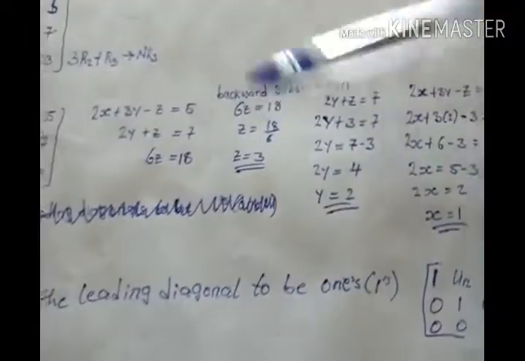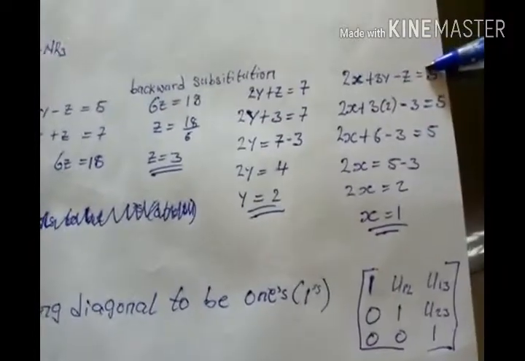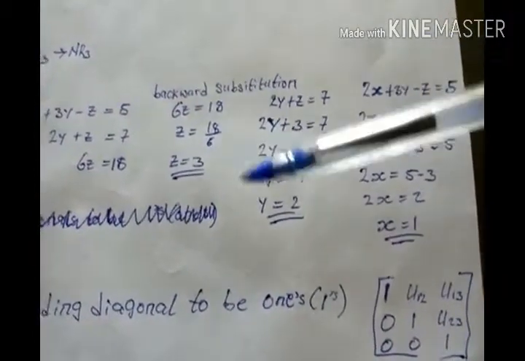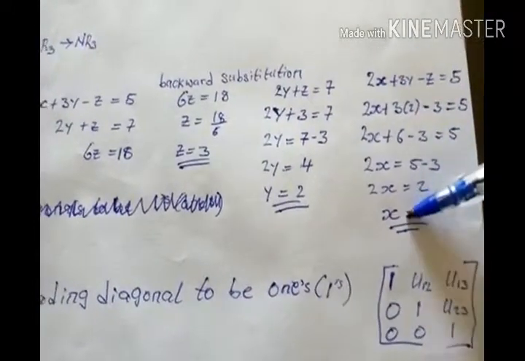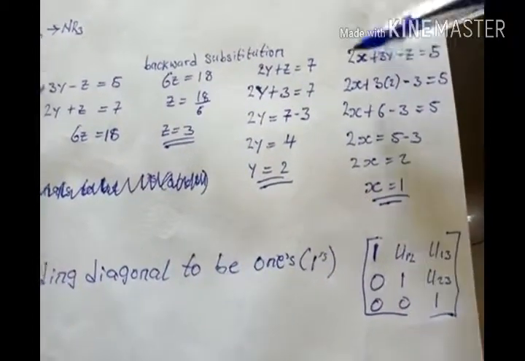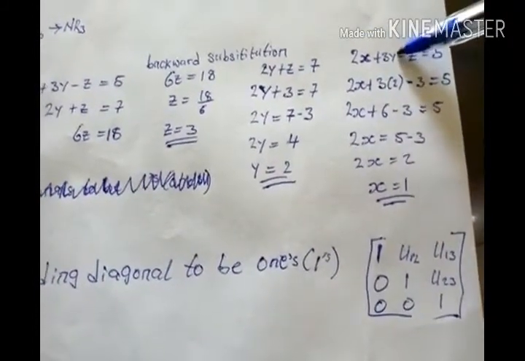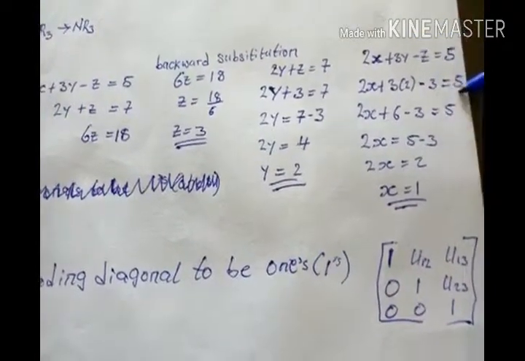Coming to x now, I take my equation 1 here, and that's the same thing I have here. So I'll put the value of y and z into this equation to get the value of x. So I have 2x plus 3y, and putting the value of my y as 2, and that of z as 3, equal to this.